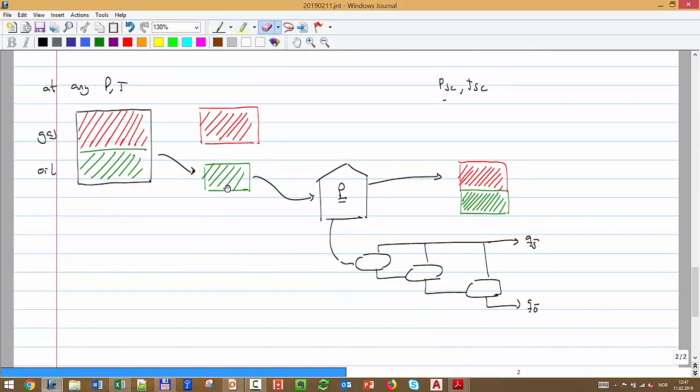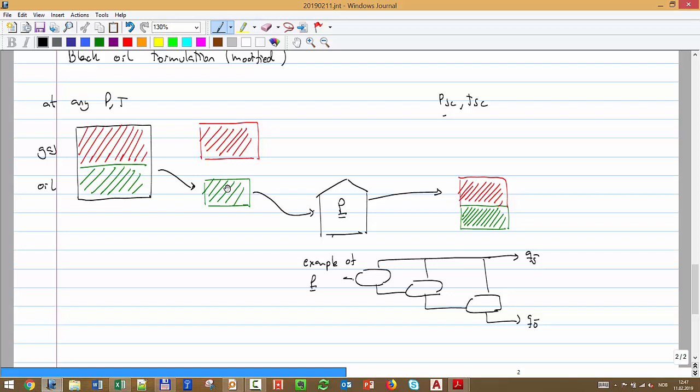Let me put here, that's just an example. An example of P if I have 3 stages. And I get 2 things from the oil.